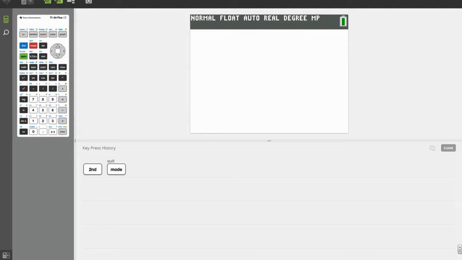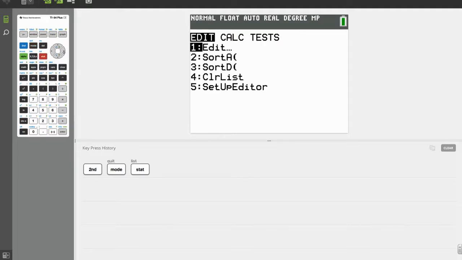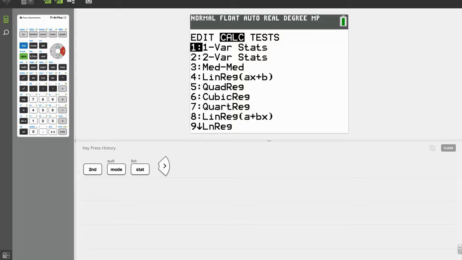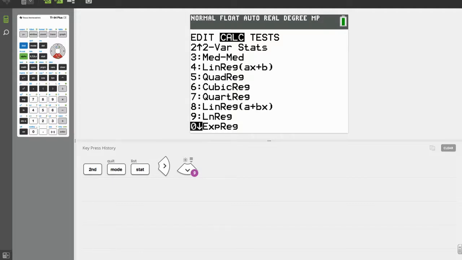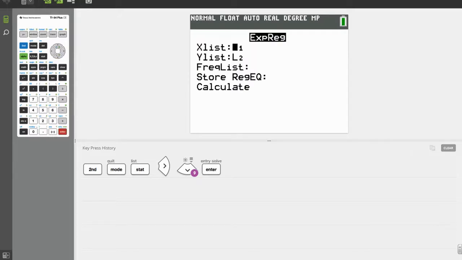And now we're going to do the exponential regression. So you're going to go to Stat, you're going to go to Calc, and we're going to pick 0 ExpReg. So scroll down to 0, or you can actually just press 0, hit Enter. Make sure your X list is list 1.